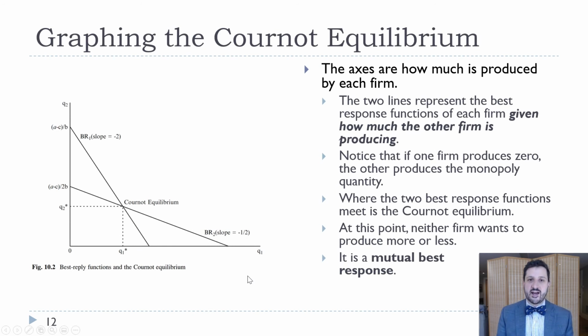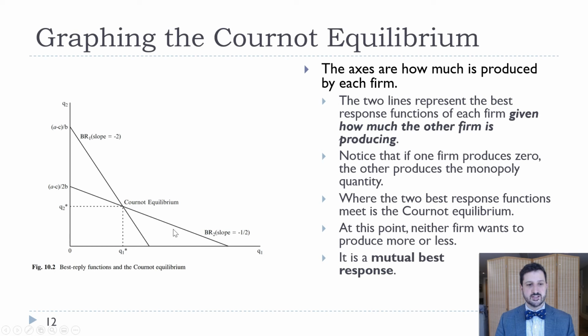Now we can also graph the Cournot equilibrium. And so what we're interested in here is the best response functions of firm 1 and firm 2 based on how much the other one produces. And so on our axes, we have Q1 along the horizontal axis and Q2 along the vertical axis. And so let's look at our best response for firm 2.